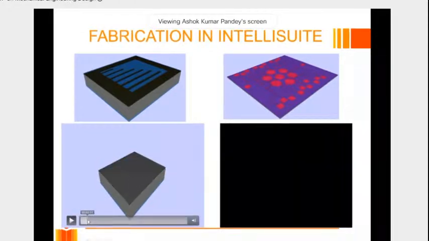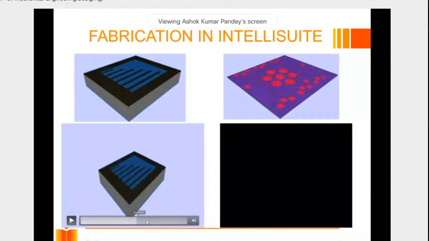Then after deposition, there is a photoresist, and then pattern transfer will happen, right? And then etching will happen. So when you do etching, you will get these devices.